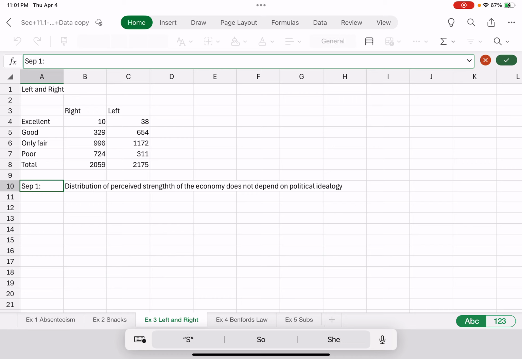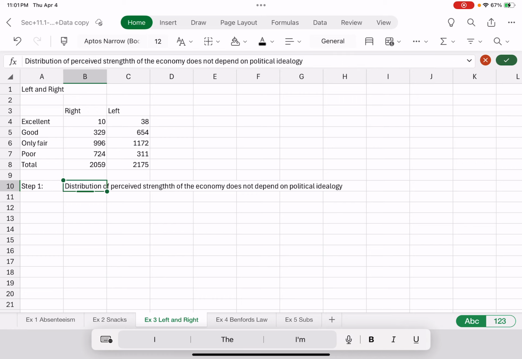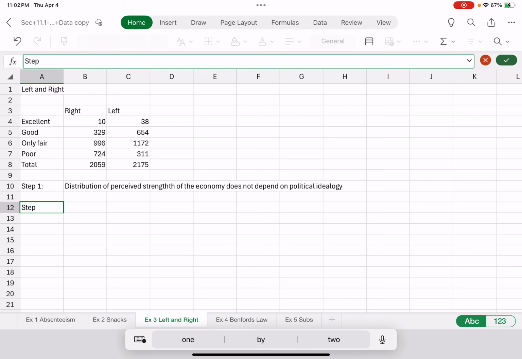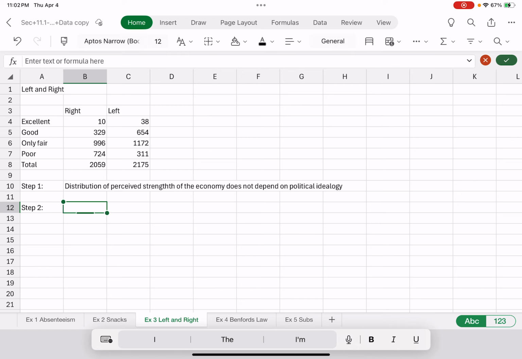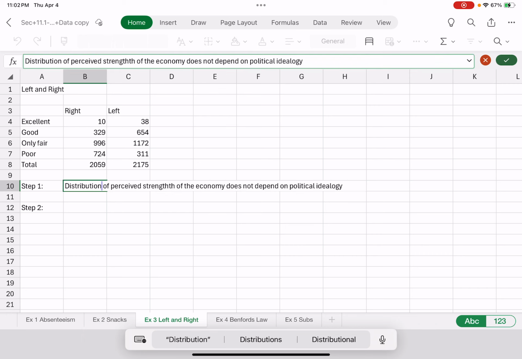And if you don't mind, I'm just going to copy that, Command C. Now I'm going to do step 2. Command V. Oh, it didn't work. That's okay. I need to go in here and put OC anyway, original claim. Now I'm going to copy this cell.